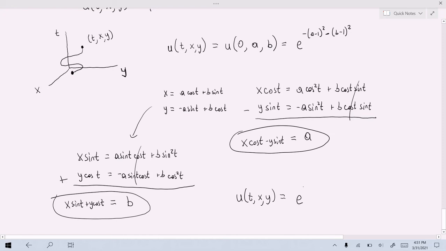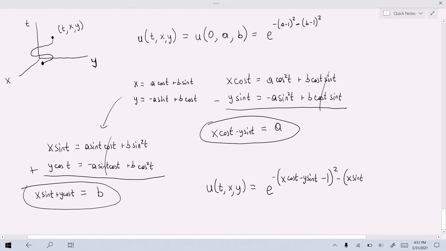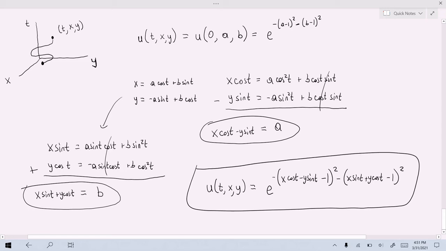So it's going to be e to the negative a minus 1 squared, and then minus b minus 1 squared, with a and b replaced by those expressions. There you have it. That is the solution to our initial value problem, okay?